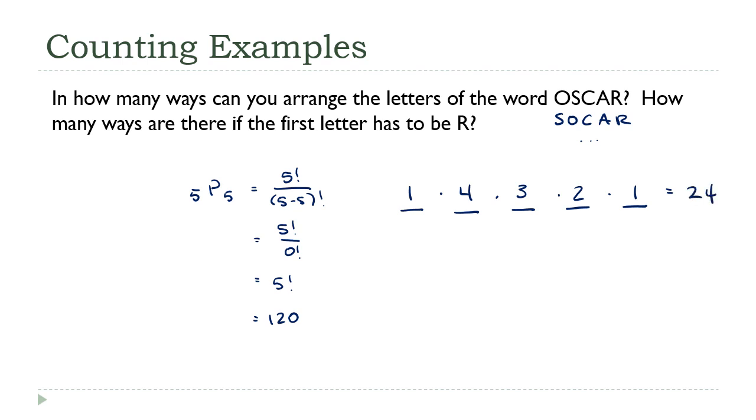But how can we interpret this as a permutation, using our new notation, our new formula? Well, essentially what this is saying is that I don't have a choice for what goes in that first spot. That's not a choice I get to make. What I do get to choose is to take the 4 remaining letters and arrange them in a group of 4.